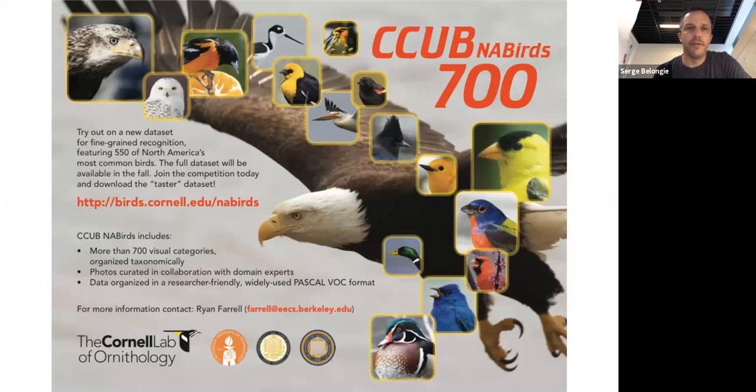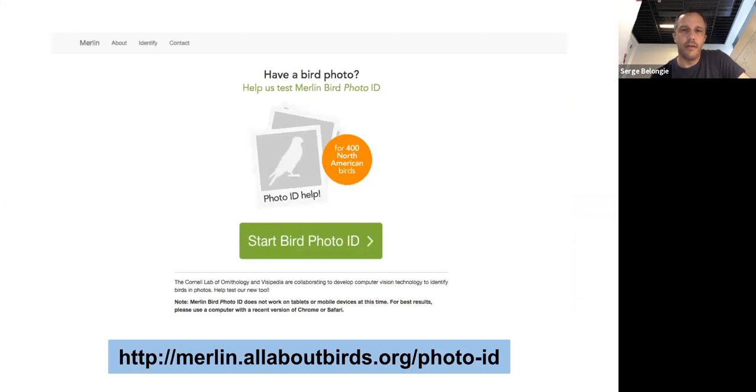And this led to the creation of one of our large bird data sets between Cornell and BYU and Caltech. And one of the first places where Visipedia used its technology for identification was for bird ID.